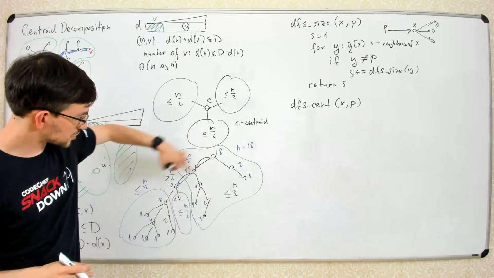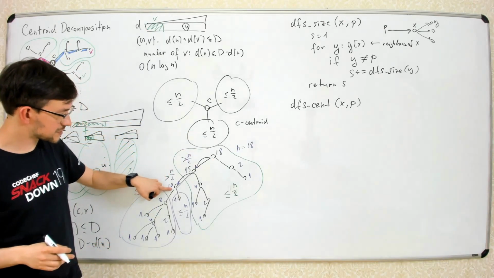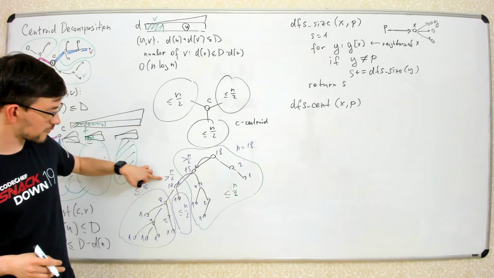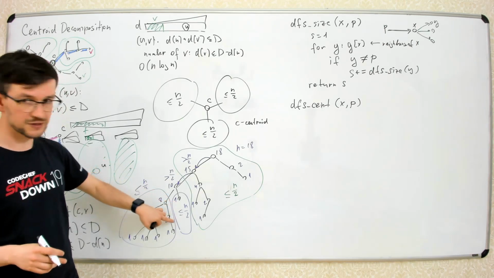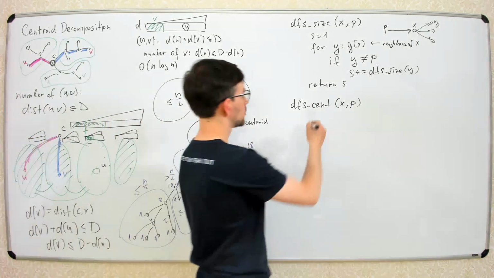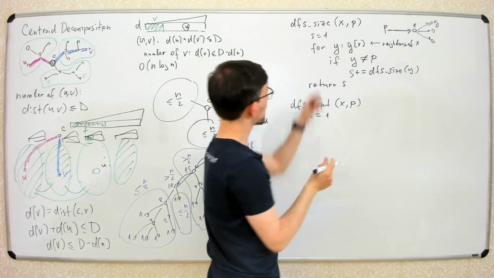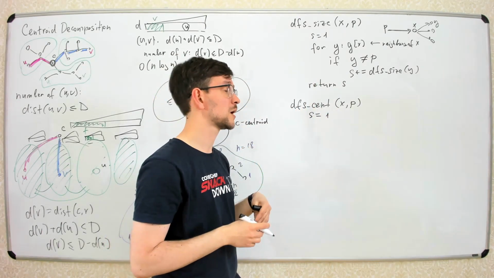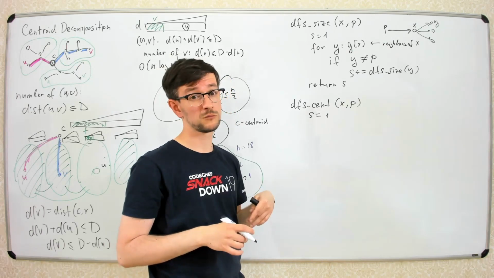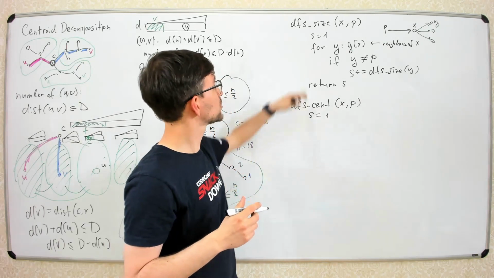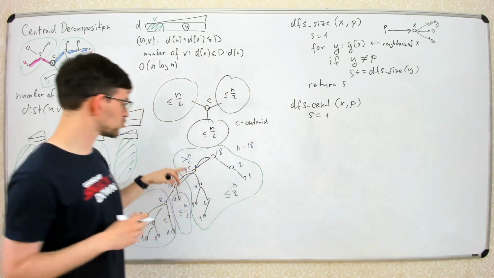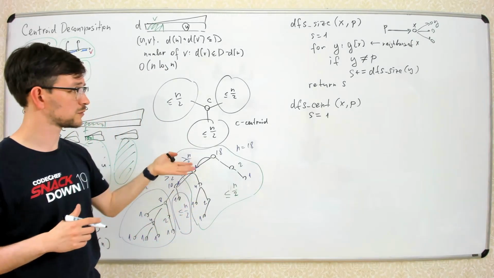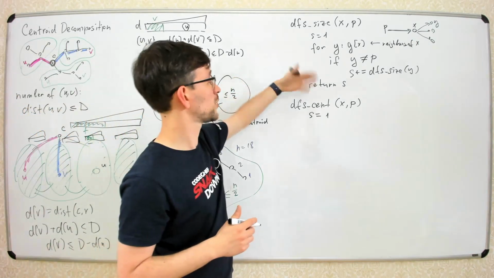The centroid is the node which has size more than n over 2 and both children have size less than n over 2. So again, we'll do the same. I don't want to save these sizes because I want to save memory. If you don't need to save memory, you can just pre-calculate all these sizes and save them. I'll just calculate them twice.